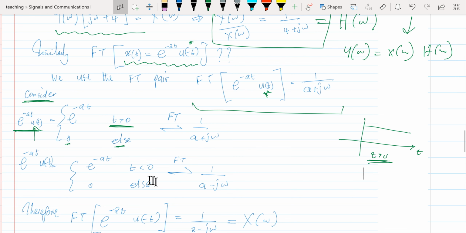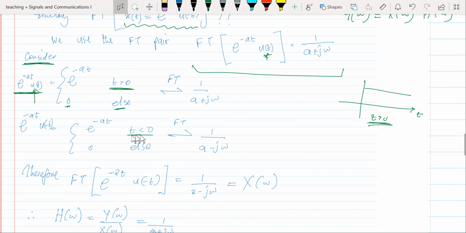Now if we are given u of minus t, then the only thing we mean is that the sign is varying, because we are saying minus t is bigger than 0.